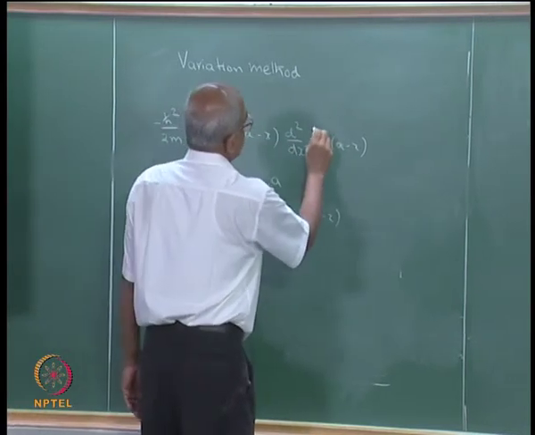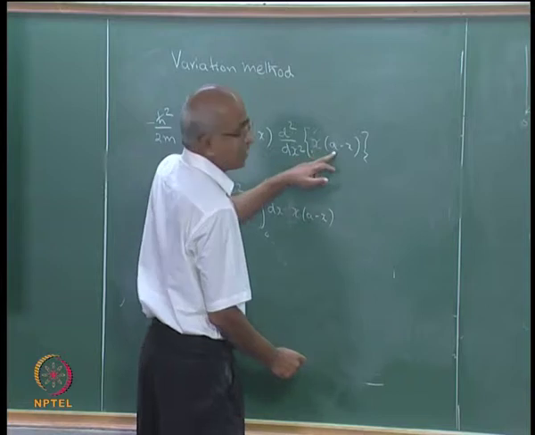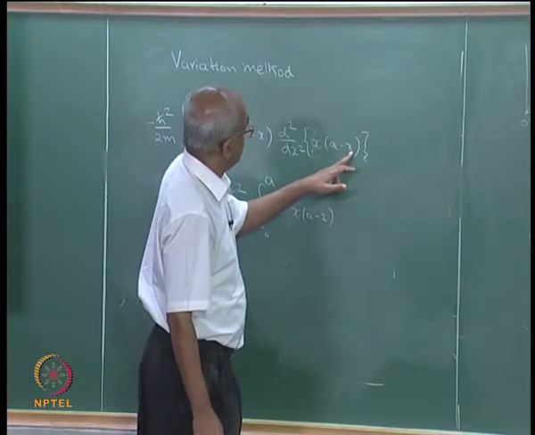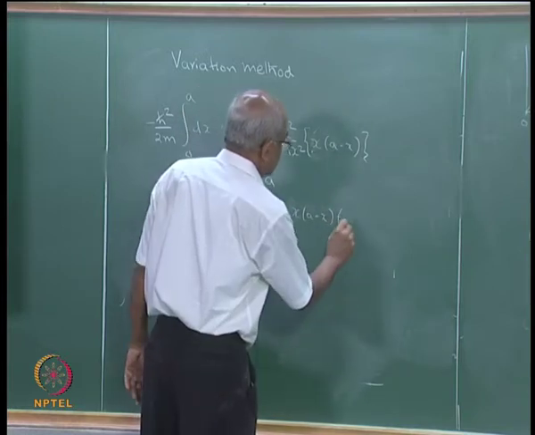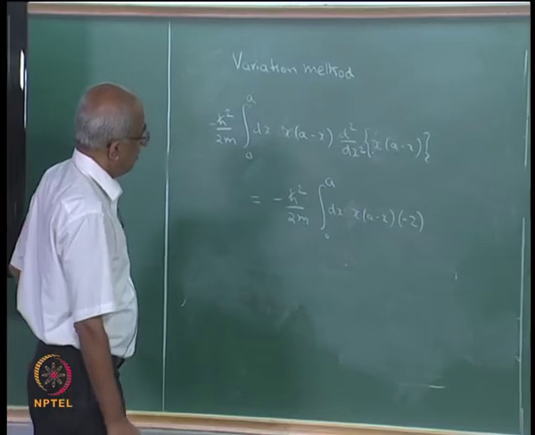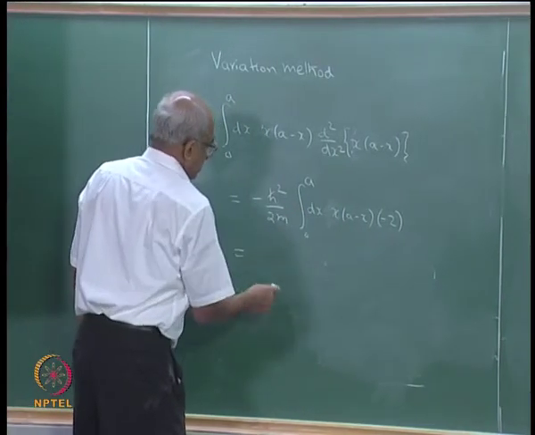You have to evaluate the second derivative of this object, very simple, because the first term is ax, second derivative is 0, the second term is minus x square, second derivative is minus 2. So this minus 2 can be taken outside.